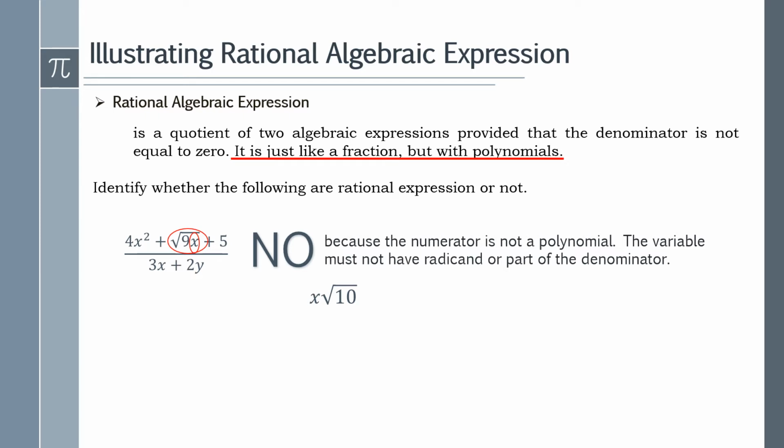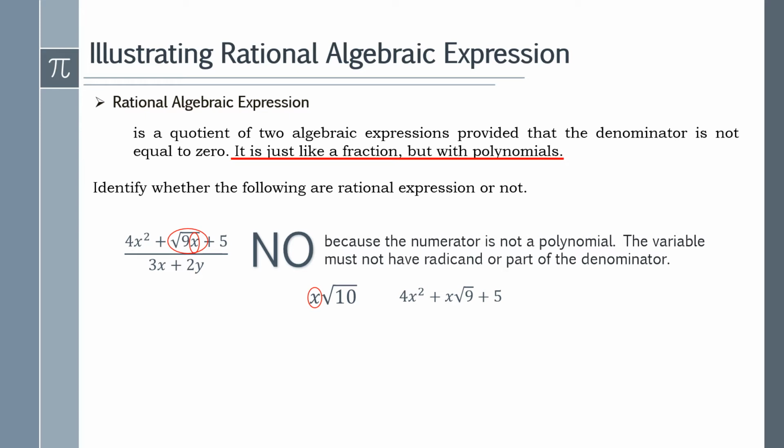Yung example natin, the x is inside the radical sign. So, hindi pwede. Pwedeng ganito. Okay, tingnan nyo yung x nasa labas. Pwedeng ganito, class. You can have it like this: 4x squared plus x square root of 9 plus 5. Meaning, yung x natin hindi kasama or not inside the radical sign.